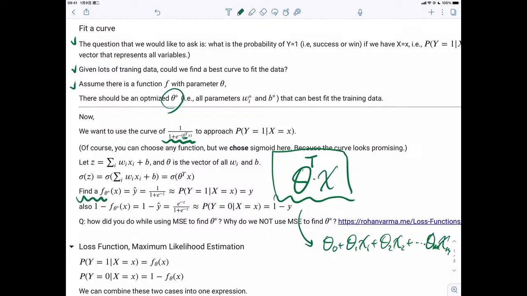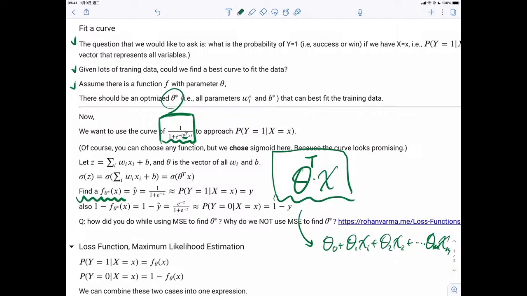It's right here. We would like to find the function. The function looks like this, right? Which is a sigmoid function. It's a Z-shaped function. Okay, and there should be an optimized parameter, theta star.